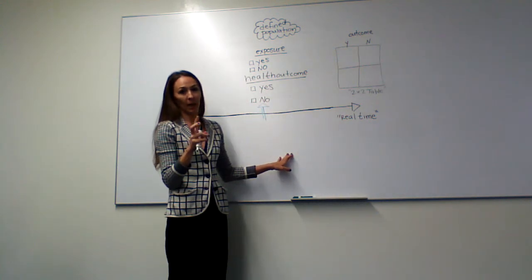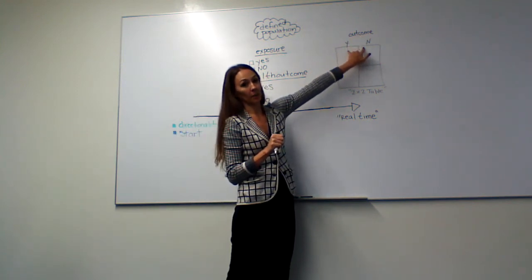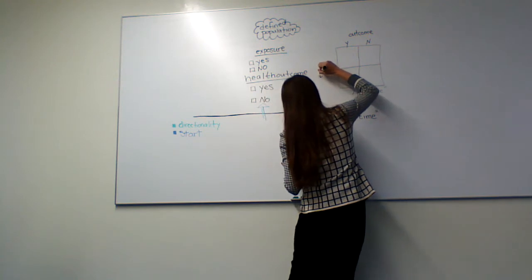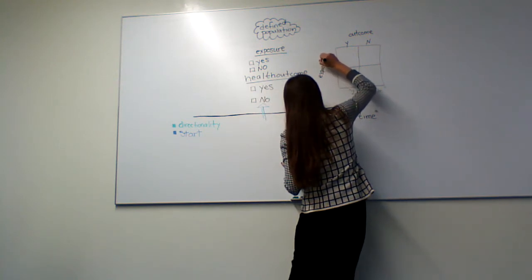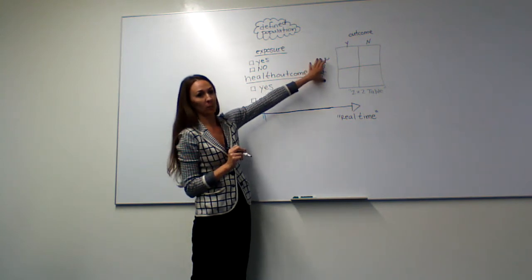And we break them up in their 2 categories. So that is that the outcome is dichotomized. We put exposure status to label the rows.